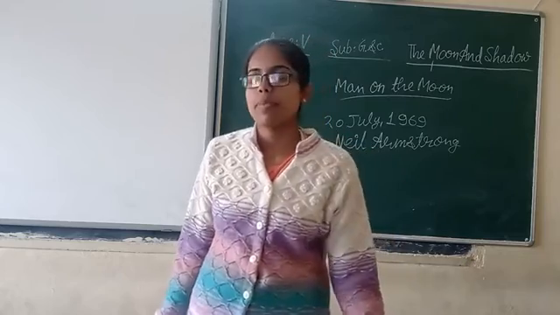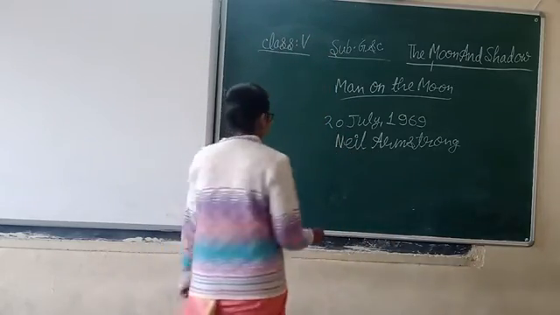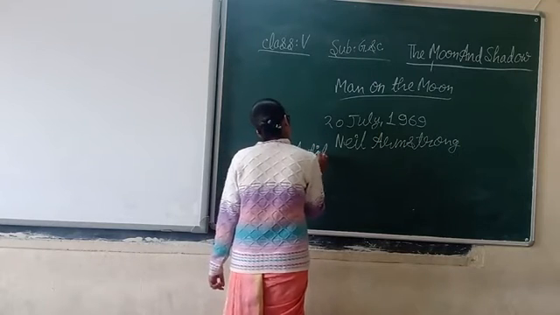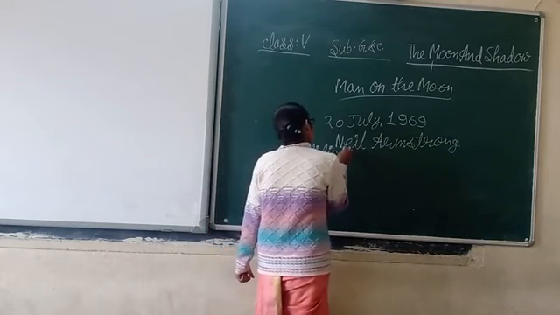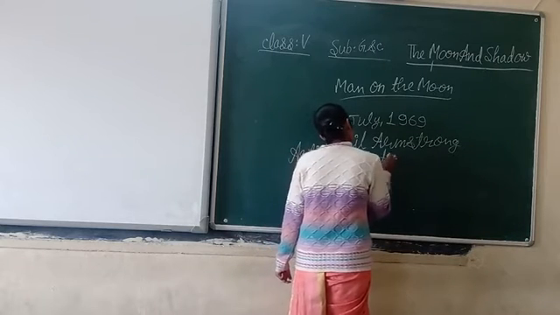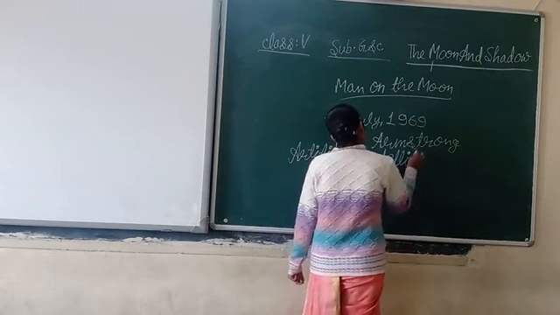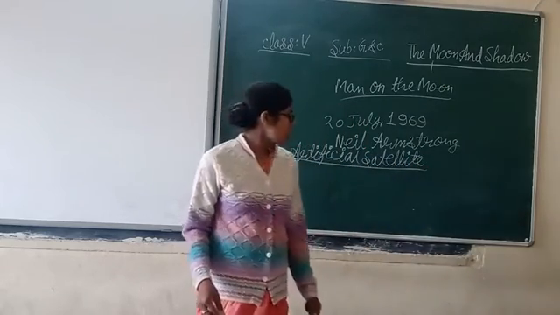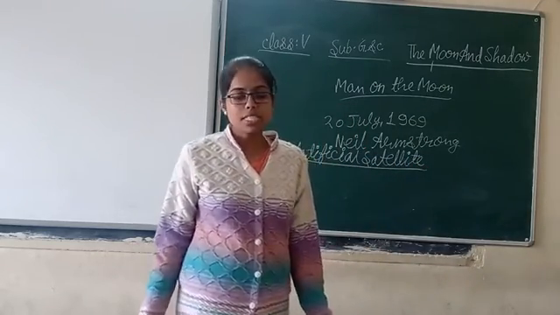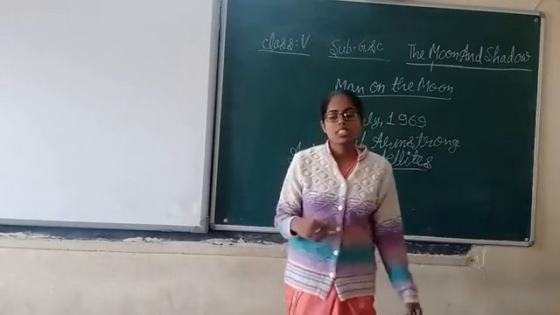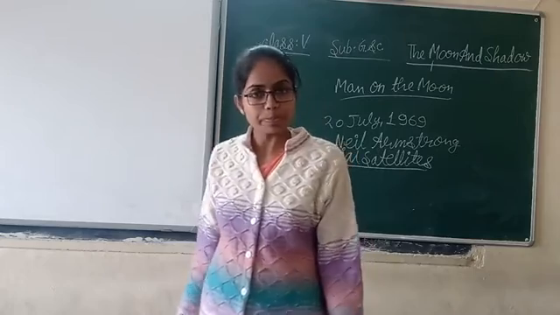Now we will study about the artificial satellites. What is the meaning of artificial? We can see things in two categories. First one natural and the second one artificial. Natural means which occurs naturally and artificial means man-made. So these are man-made satellites.